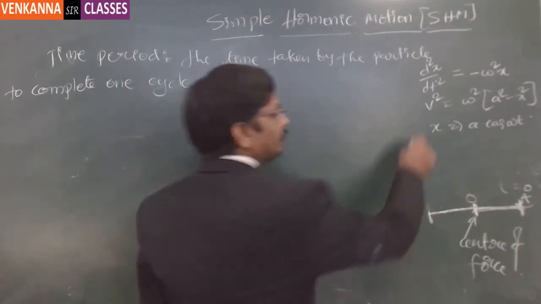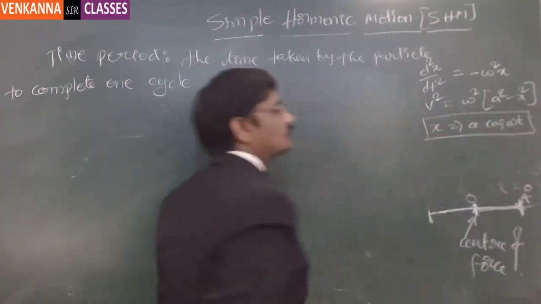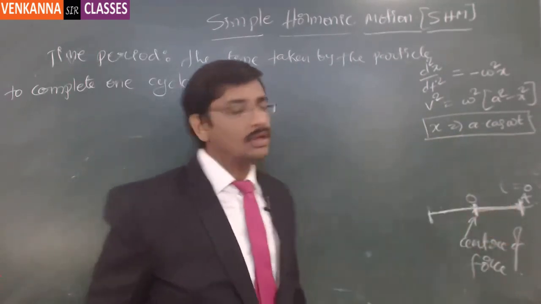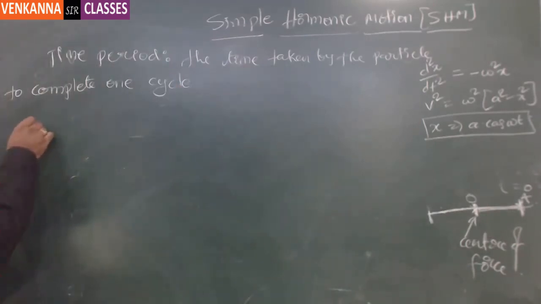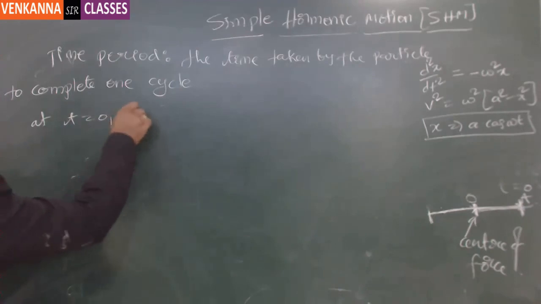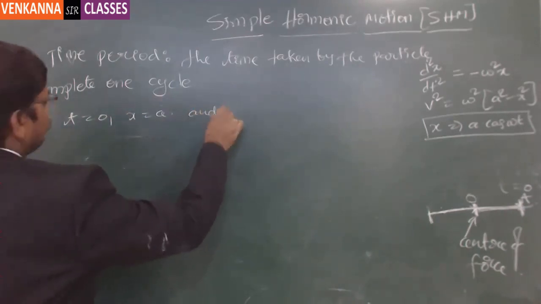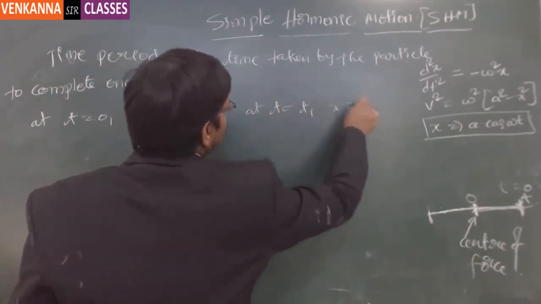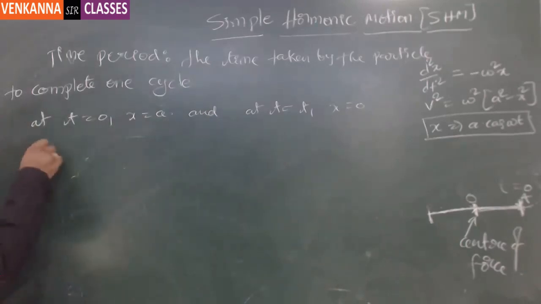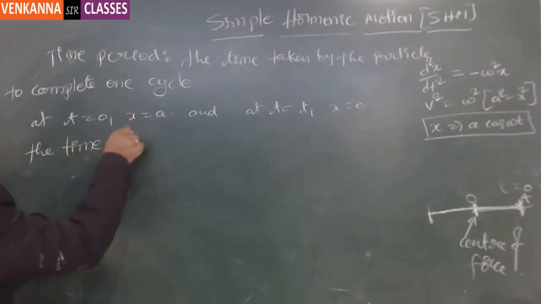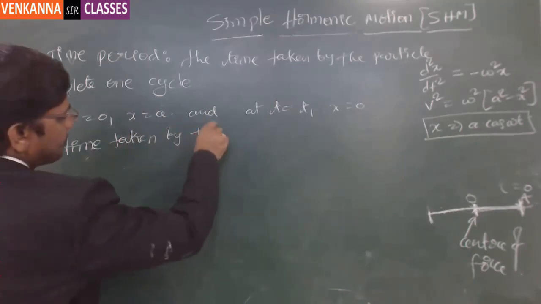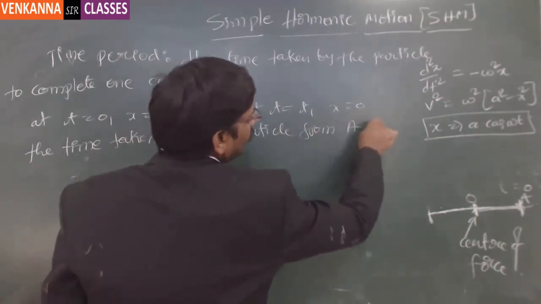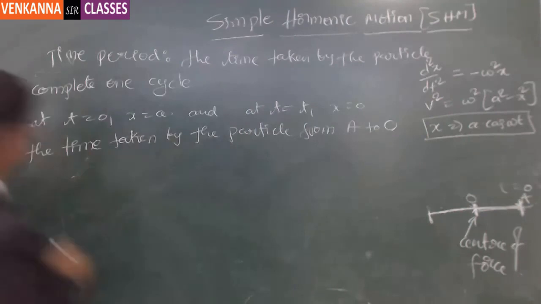We have got the relation x is equal to a cos omega t. Now, x equal to 0 is the time, so you have to start counting from x equal to a. At t equal to 0, x equal to a, and at t equal to t1, x equal to 0. The time taken by the particle from A to O is t1.